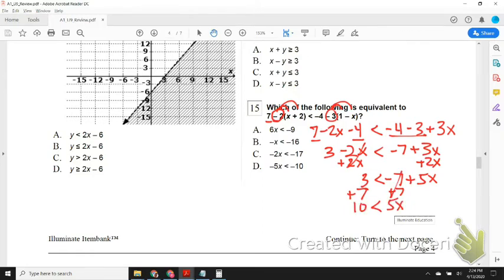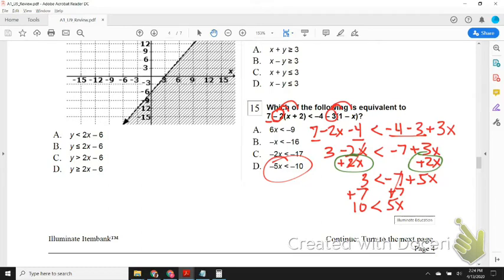Now, we're pretty close. Our answer looks like D, except D is the opposite. So, the only difference that D provides is that instead of adding 2x at that step, it looks like they subtracted 3x.